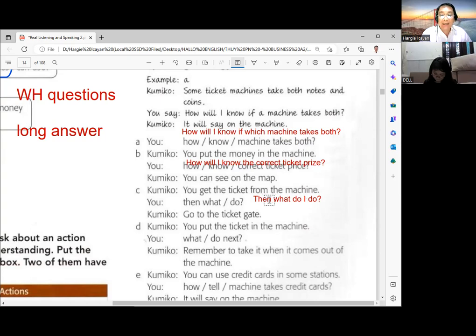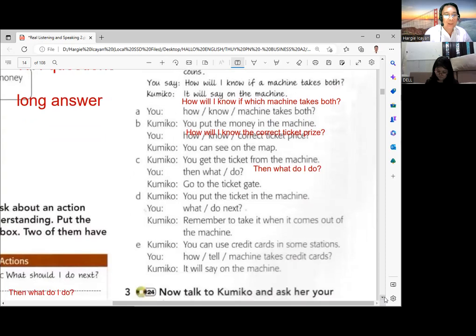But this one is under action, not under understanding, because these two questions are understanding questions, but this one is an action question. So Komiko replied, go to the ticket gate. So that means there would be an action that he needs to move.